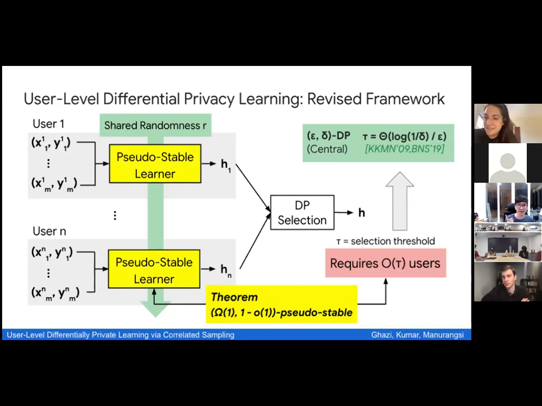In the central model, all these sub-learners are just the central algorithm simulating these learners, and the curator is the one who samples this randomness. In the local model, we do need this public shared randomness R, and currently we don't know how to get rid of it, and that's one of the open questions that I think is pretty interesting. I see. Thank you very much.